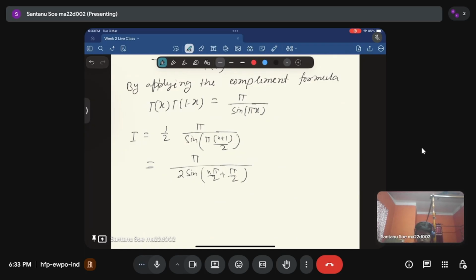Or maybe you can simply write like this: pi divided by 2 cos of n pi by 2, and this is pi by 2 sec of n pi by 2. Now this is just a simplification, or otherwise pi divided by 2 sine of n pi by 2 plus pi by 2 is also enough.